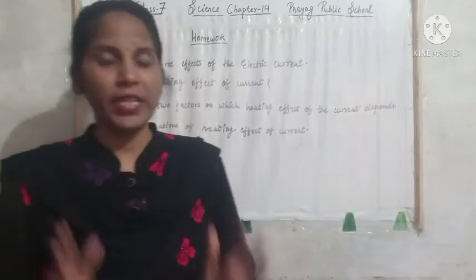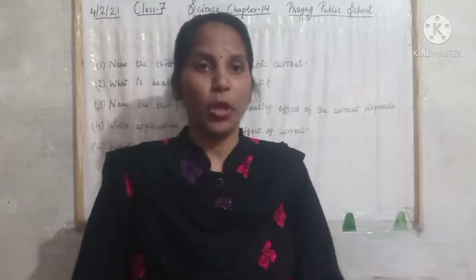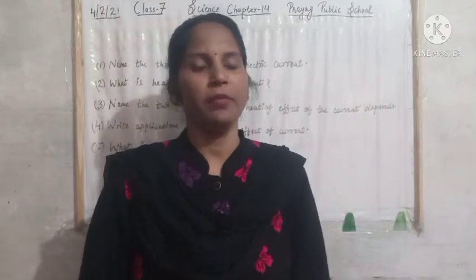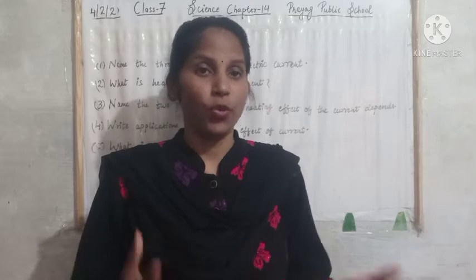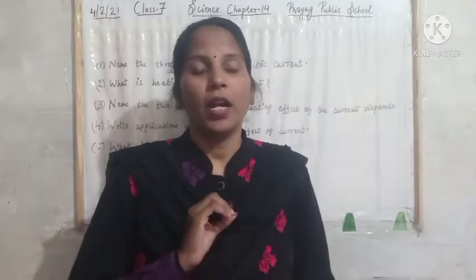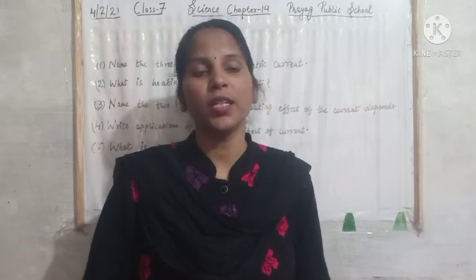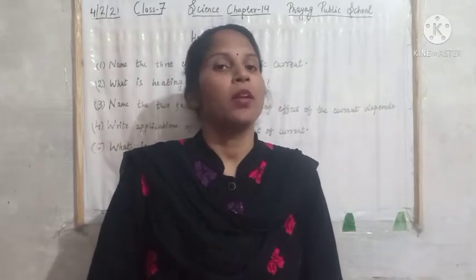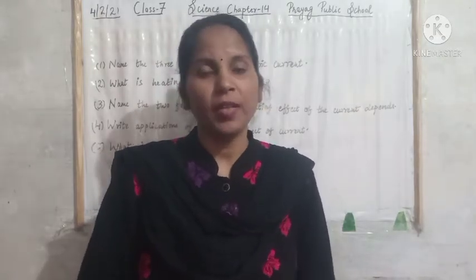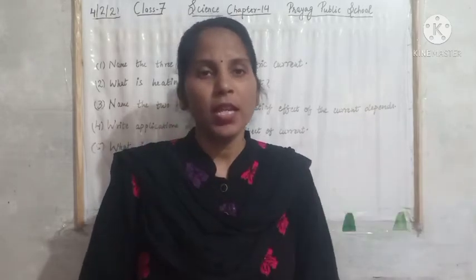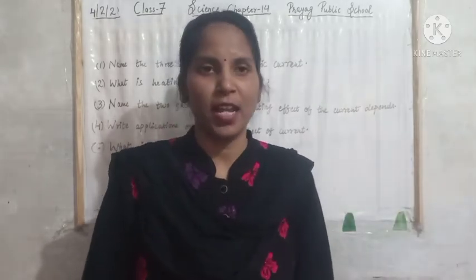So children, these 5 question answers you have to note down in your homework copy in neat and clean handwriting. Go through the taught topic, underline the important terms, draw the diagrams and learn all the key terms of the chapter, and be prepared for the upcoming topic that I will be discussing in the next class.